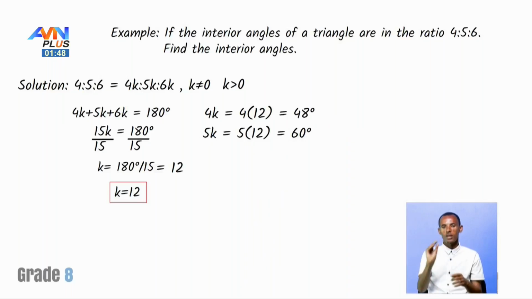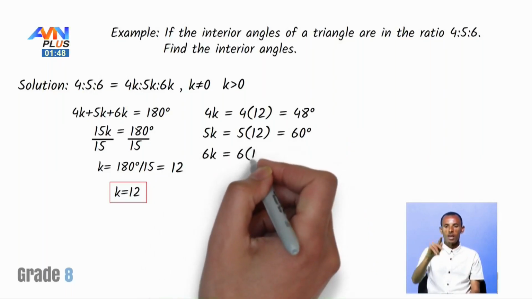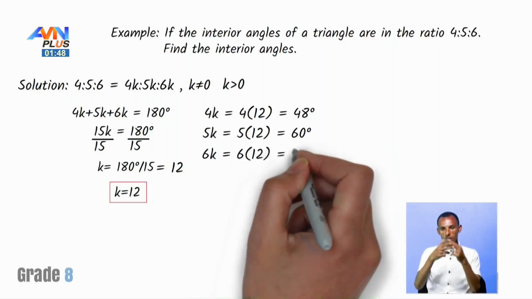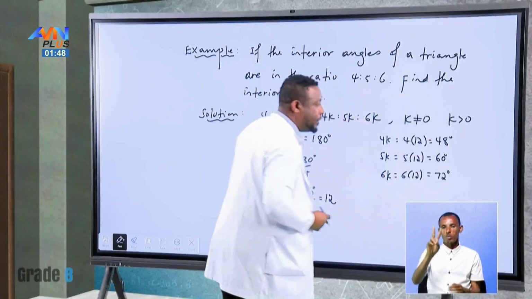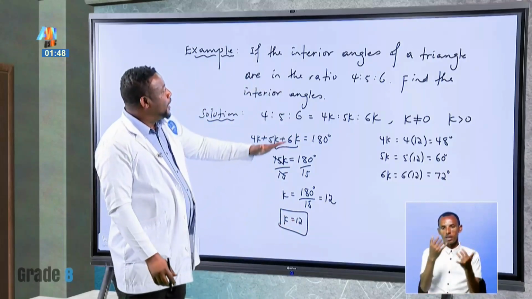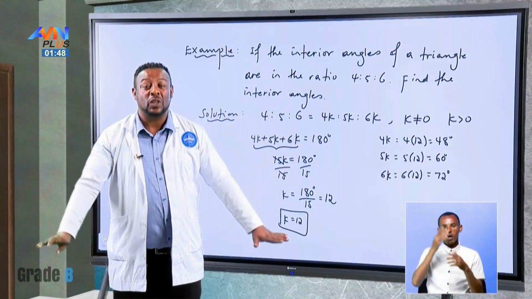And 6K is 6 times 12, which is 72, right? Now we have already answered the question.